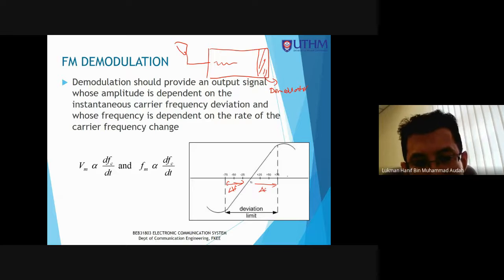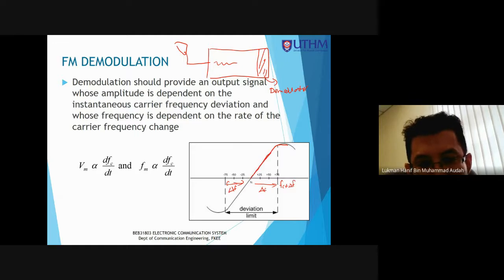Okay, so if FC moves towards FC plus delta F, what happens is that the output is going to produce output voltage increase like this. Ni garisan output.